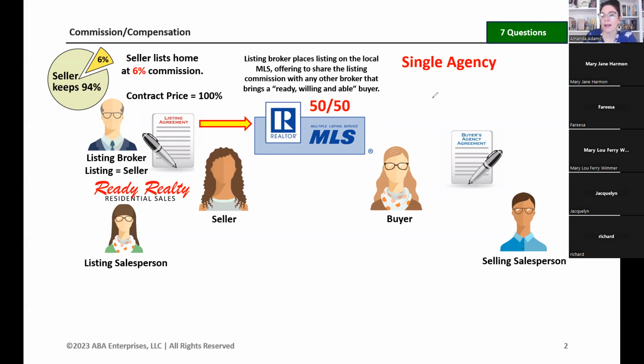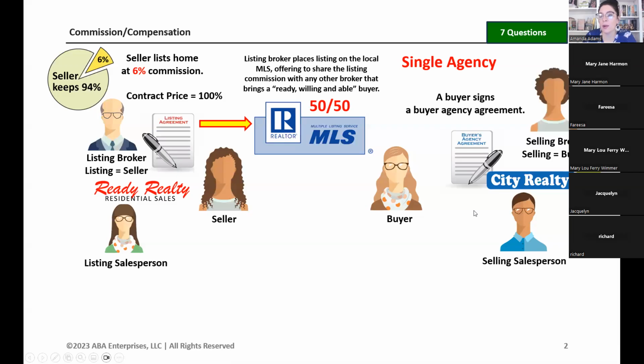Now, one other thing I want to point out to you guys is this salesperson works for City Realty, and City Realty is under a broker as well. And this is an important term.